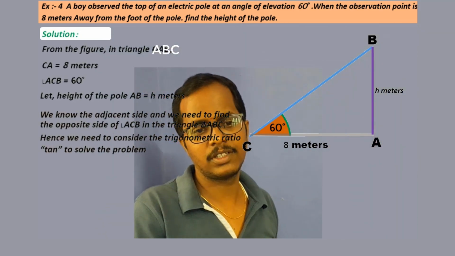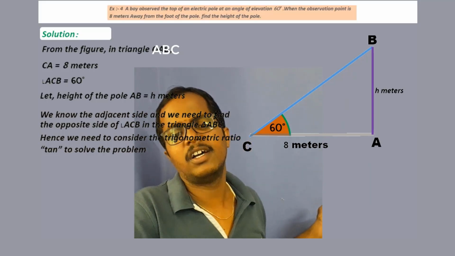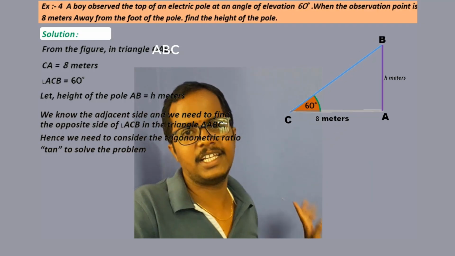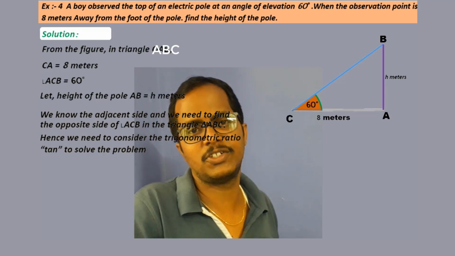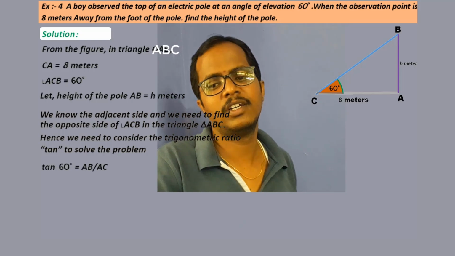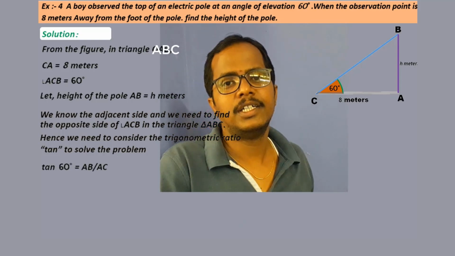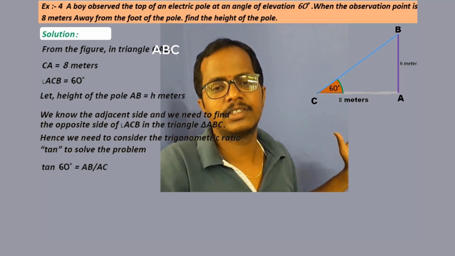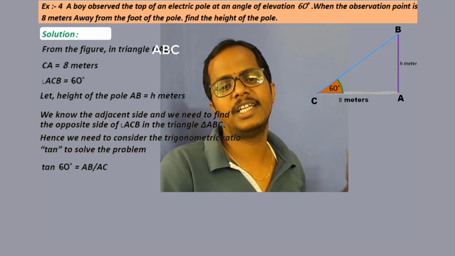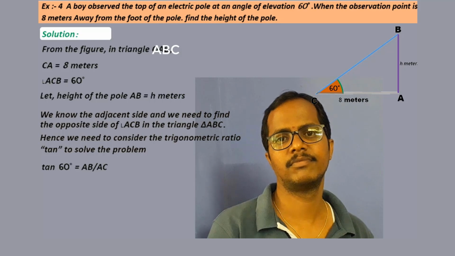So we know the adjacent side and we need to find the opposite side of angle ACB in this right triangle ACB. Hence we need to consider the trigonometric ratio tan to solve this problem. So if we take tan 60 degrees is equal to AB, which is the opposite side, and the adjacent side is AC. So tan 60 degrees is equal to AB by AC.